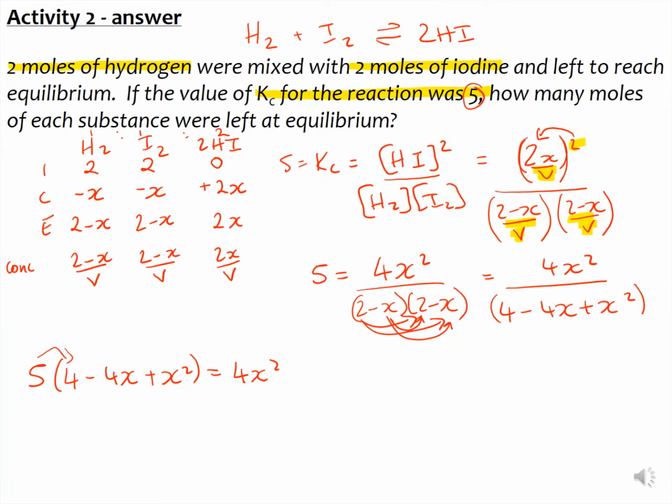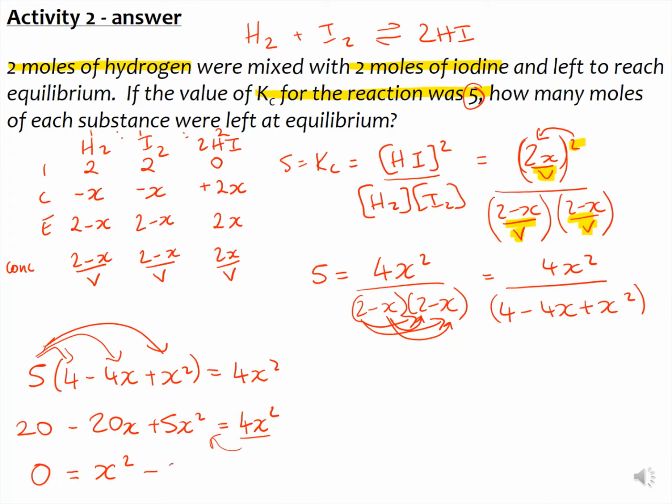Multiplying that out, we have 20 minus 20x plus 5x squared equals 4x squared. Then we bring this 4x squared to the other side to make it equal to 0. So 0 equals, 5x squared minus 4x squared is just 1x squared, minus 20x plus 20. And there's our quadratic.